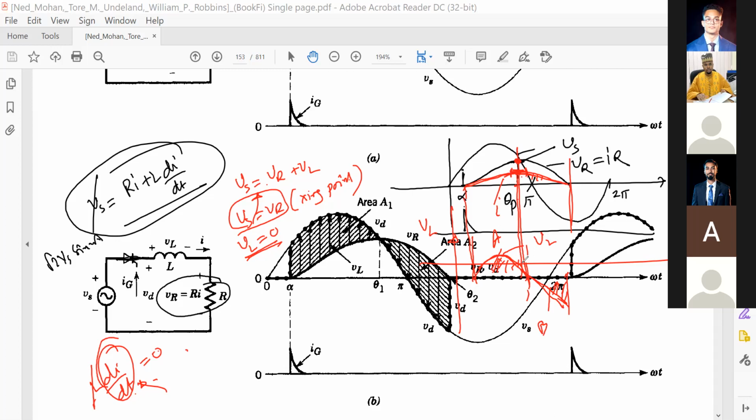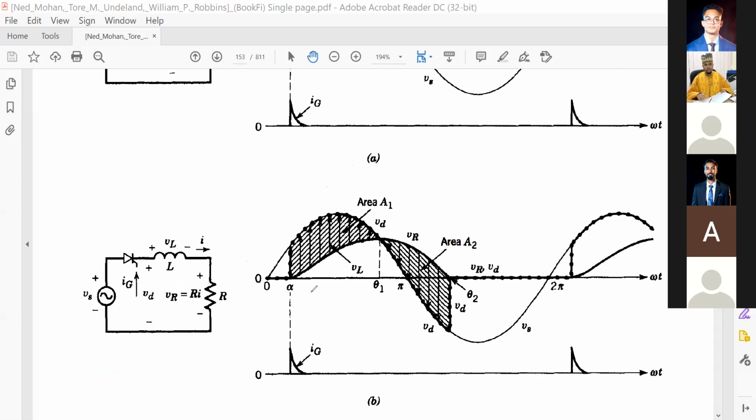Okay, and in this book, let me clear out all these things. What they did: Vs equals VL plus VR, so VL can also be drawn like Vs minus VR, right? Can I do that? This is your VR.